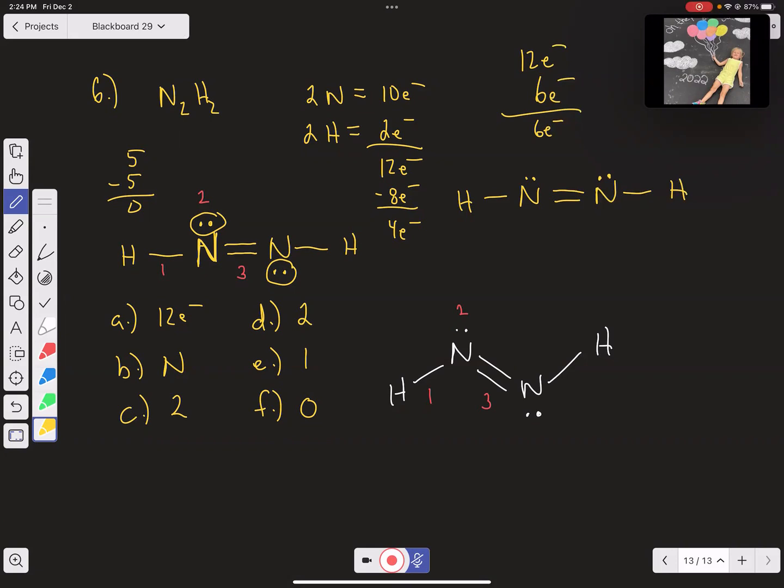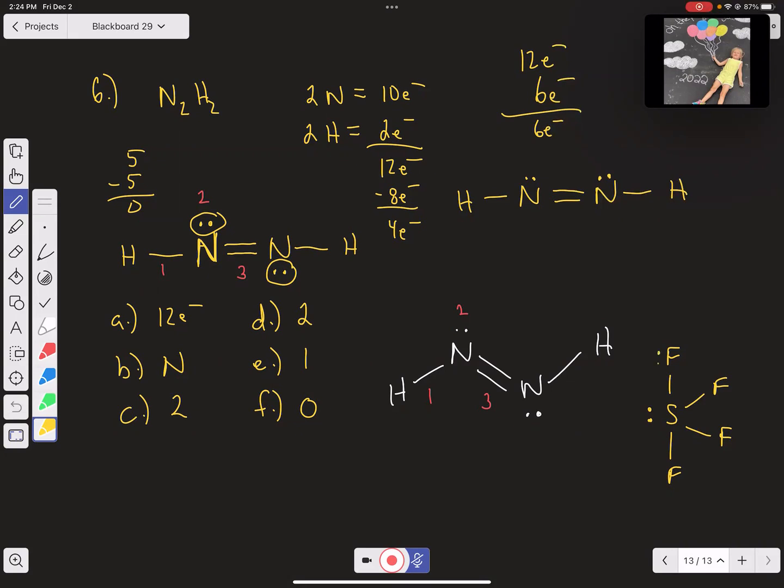A lot of the Lewis structures we saw, like with the halogens, people make this mistake all the time. We did sulfur tetrafluoride, right? Unless the halogens are the central atom, halogens will only ever form one bond as well.